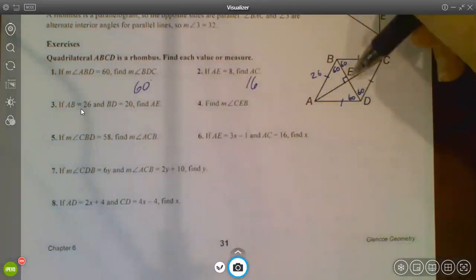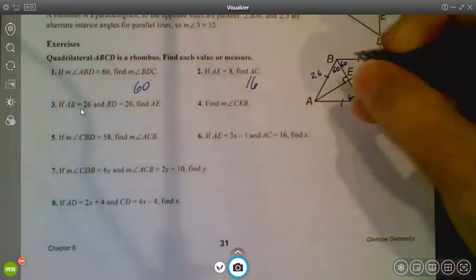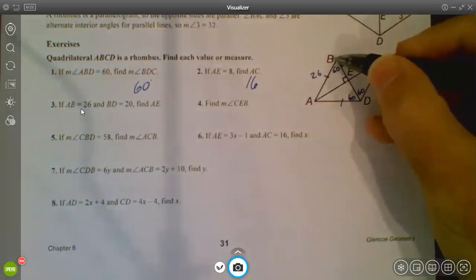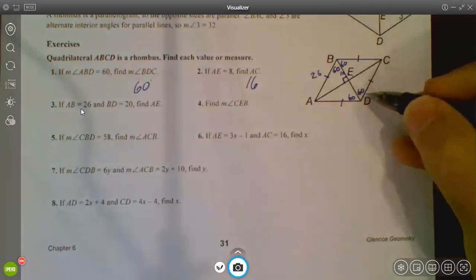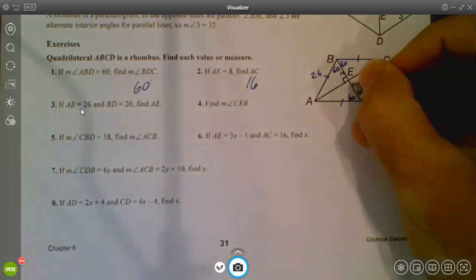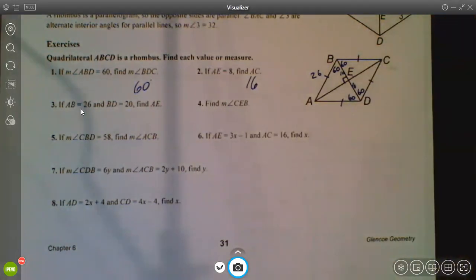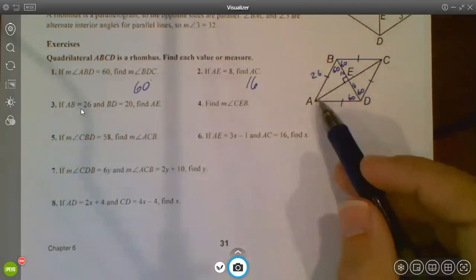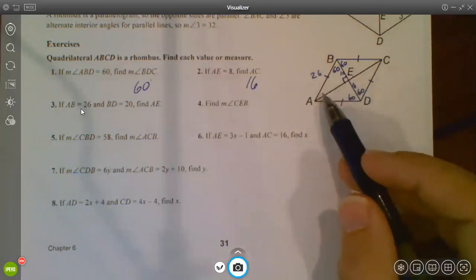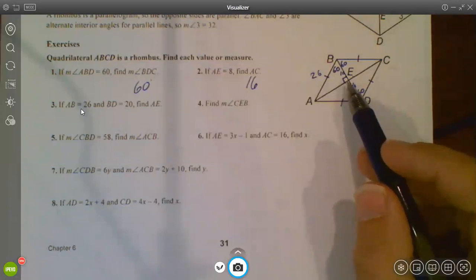So if this whole thing is 20, then that means from B to E is 10, and from E to D is also 10, if the whole thing is 20. So as I look at this, they're saying, what is AE? What's this one? So here's where we've got to go back to recognizing, hey, it's the Pythagorean theorem.